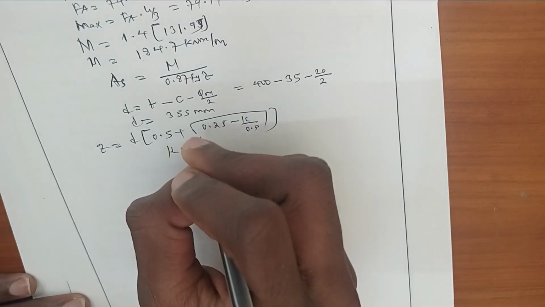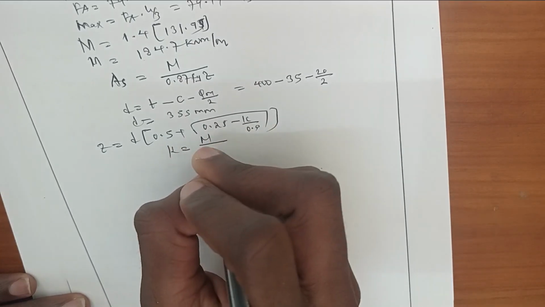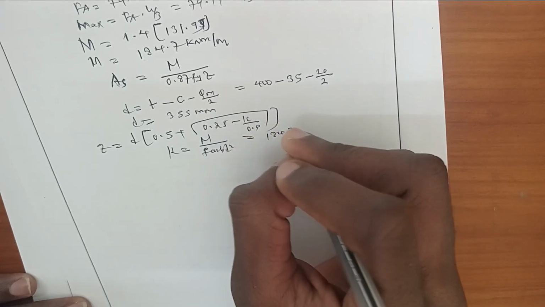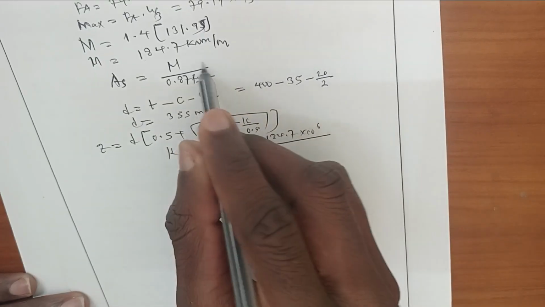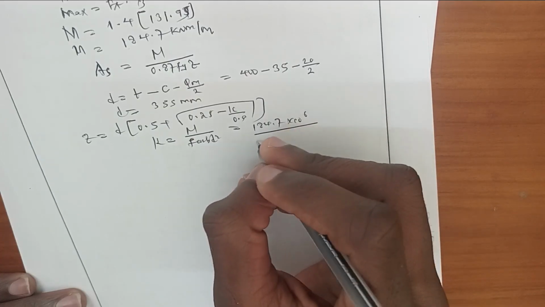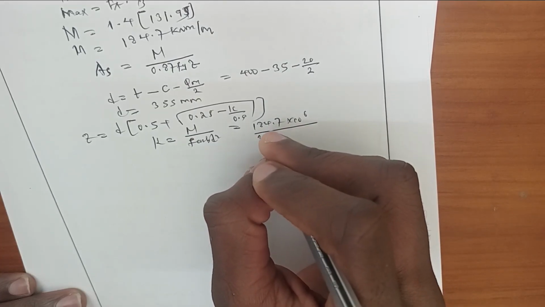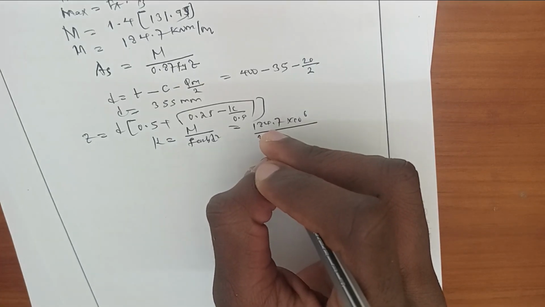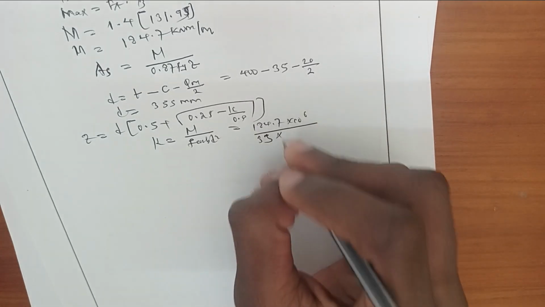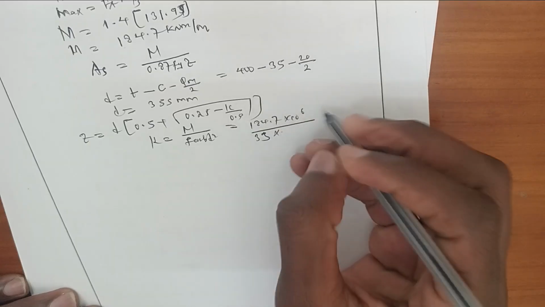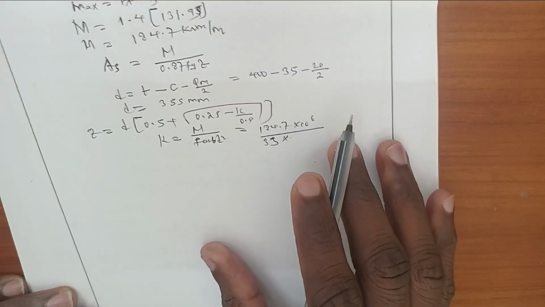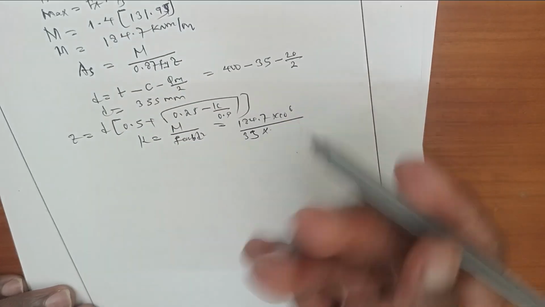K is obtained by taking maximum design moment over Fcu b d square, which is 184.7 times 10 exponent 6, so as to make it in Newton millimeter, over Fcu, which is 35, times this width, because this retaining wall we are designing as for a slab.